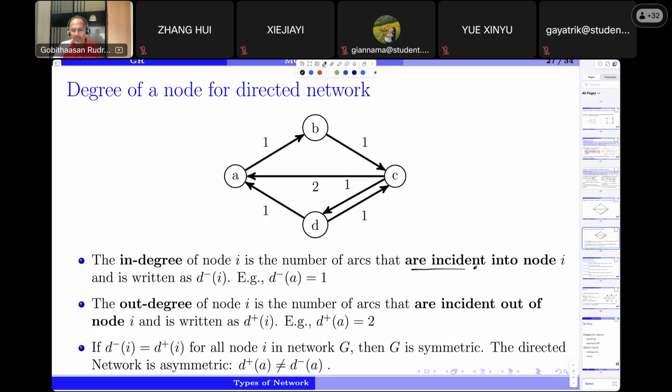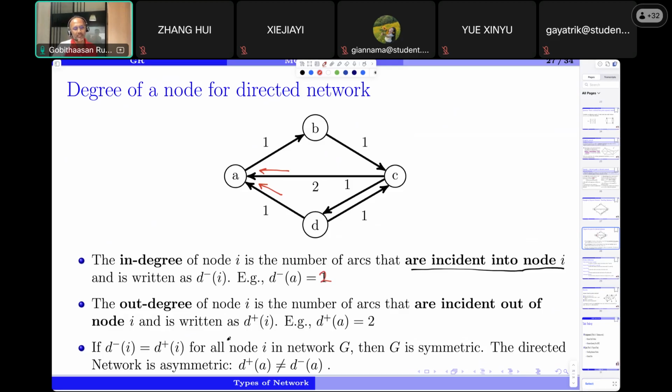The in degree of node I is the number of arcs that are incident into node I. So into node I, this is into node I, this is into node I. So into node I is 2.